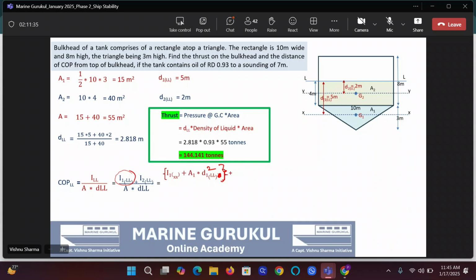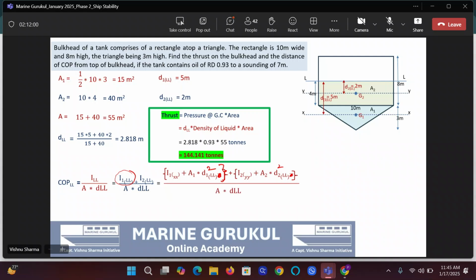It's very clear then. What will be I2LL? It will be I2YY plus A2 into D2LL square, right? Correct, class? Okay. Now, once you have got this, divided by A into DLL.